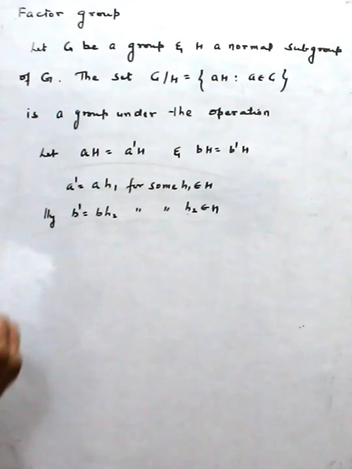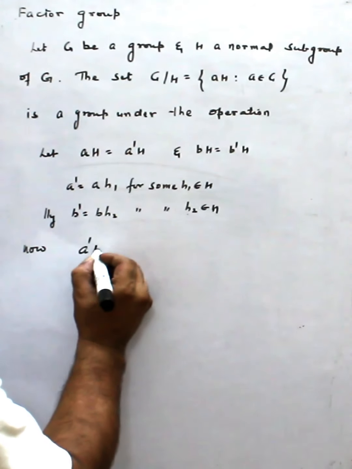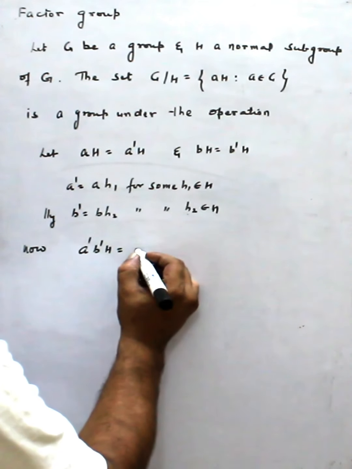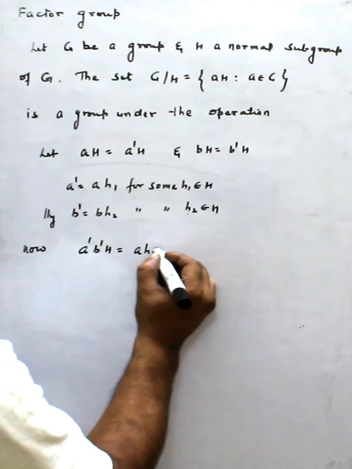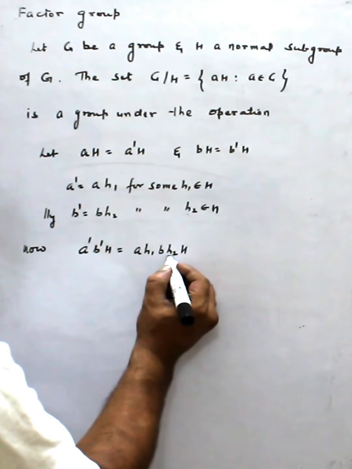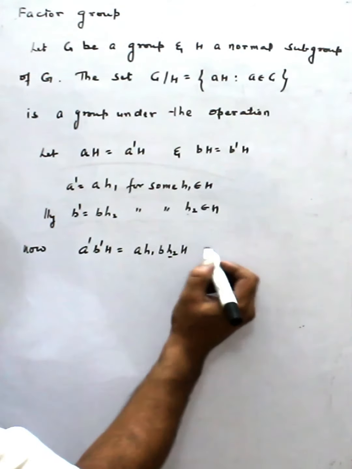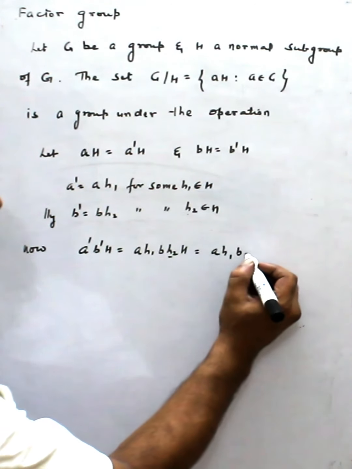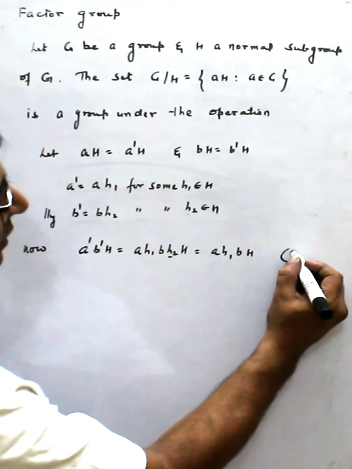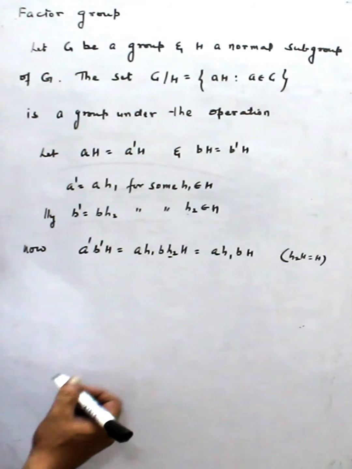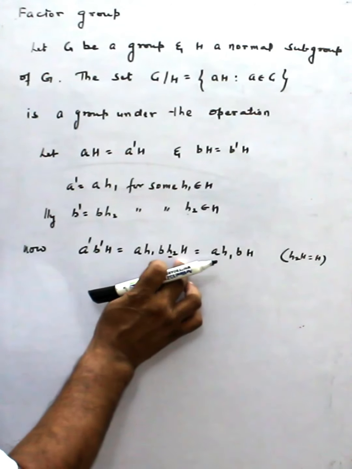Now a'b'H equals, what is the value of a'? ah1, and b' is bh2, then H. Now this I can write equal to ah1bh2H, because h2 is an element of H, so h2H is equal to H. So this can be inserted inside.